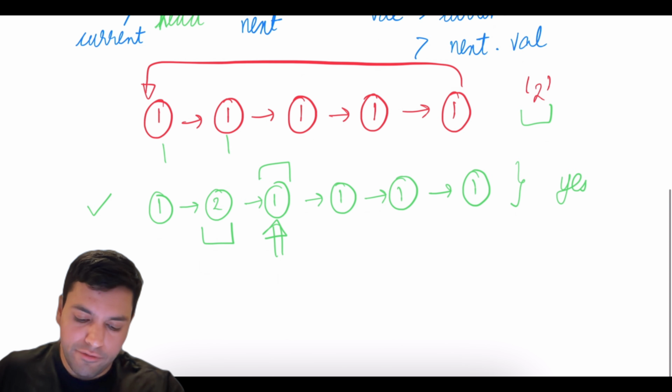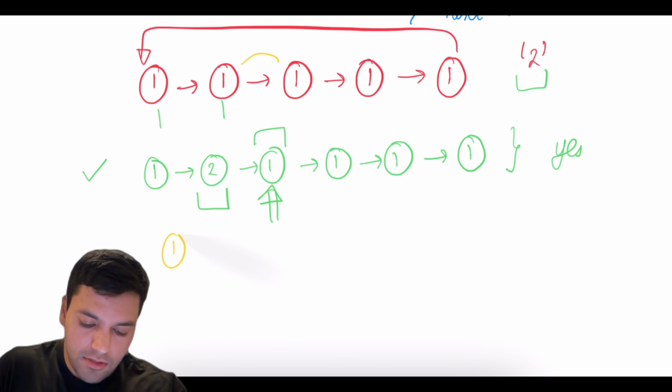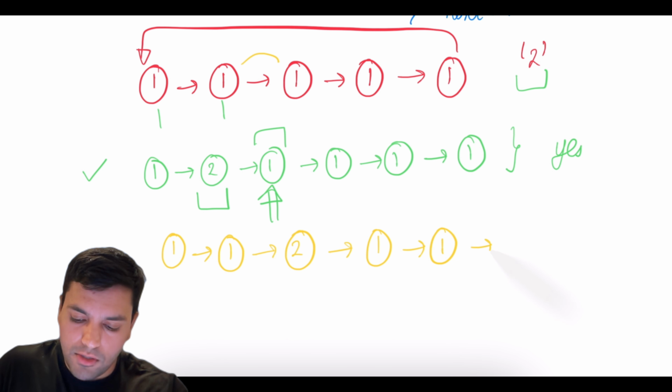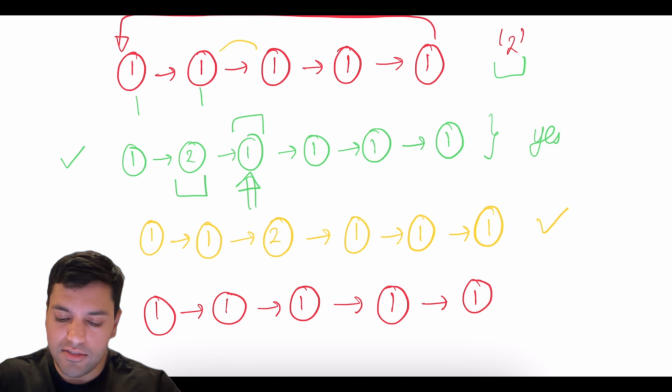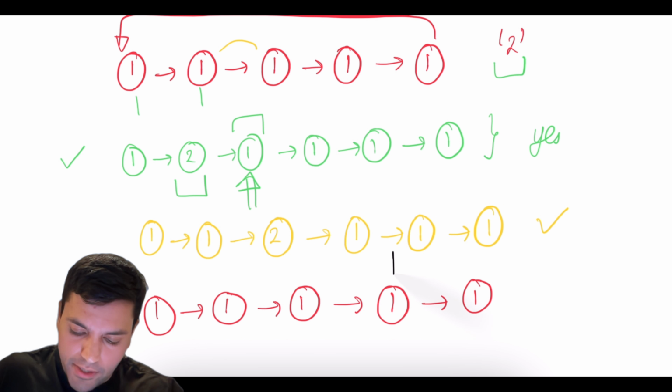And what if my node 2 comes here? So let's draw that. So 1, 1, 2, 1, 1, and 1. So this is also a possible configuration. So for this case, we can insert our value in between any possible state of current and next pointers. So let's say my current is here and my next is here.